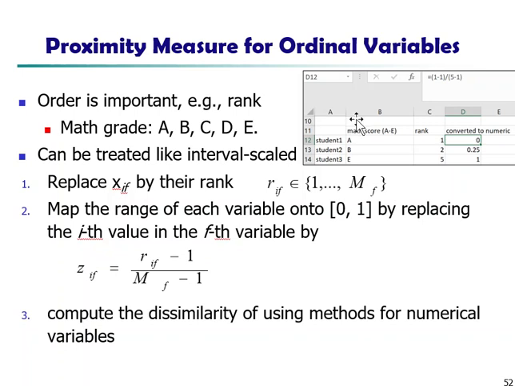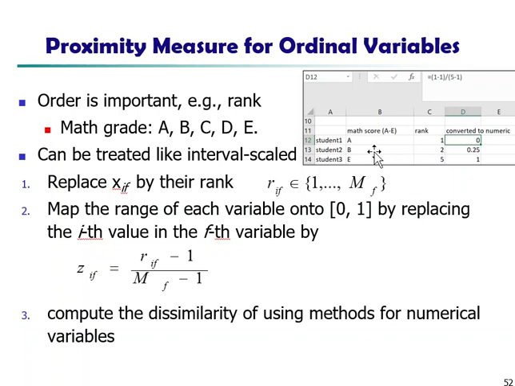So for example, for student A, we have rank 1. We use the rank minus 1, divided by the total possible ranks minus 1. There are 5 ranks: A, B, C, D, E. So it's divided by 5 minus 1. This will give us a score of 0.